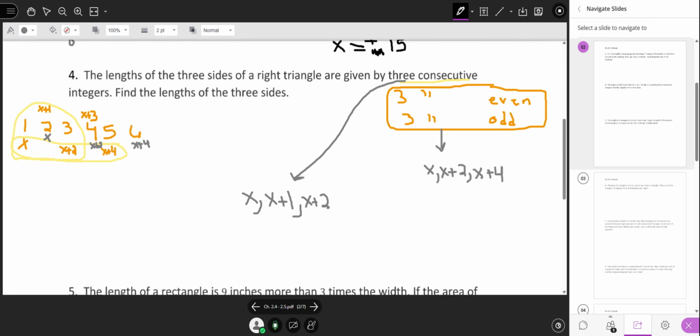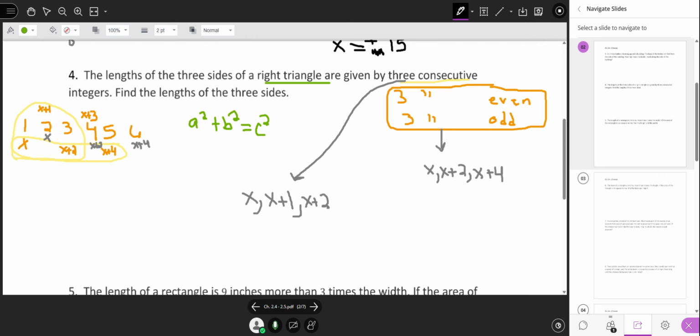So, and this one is nasty, and it's best to use Desmos with this one. Okay? I promise you, Desmos is so user-friendly with this one. But 3 consecutive integers, and this is a right triangle, so you've got to use a squared plus b squared equals c squared again.